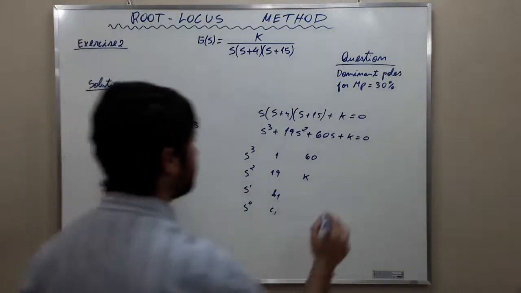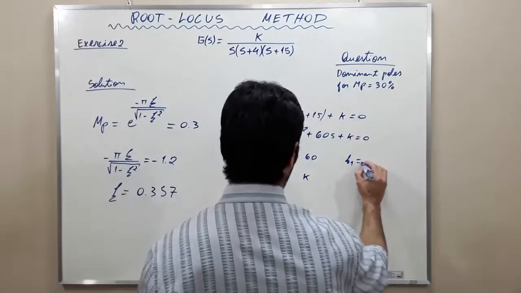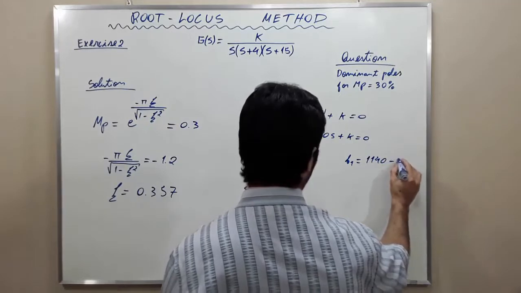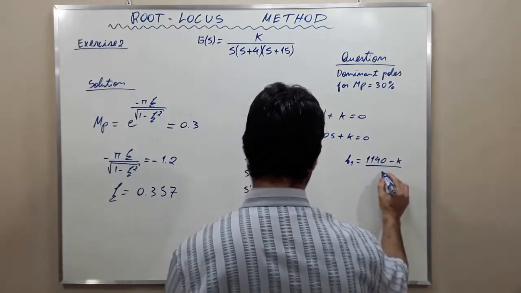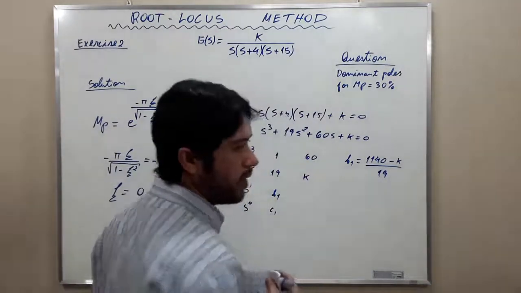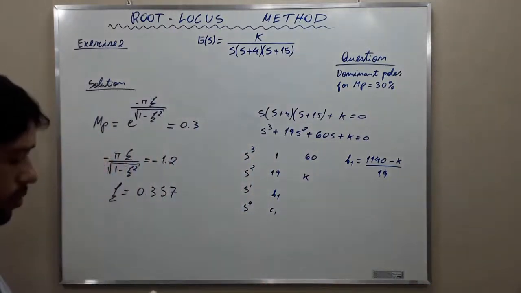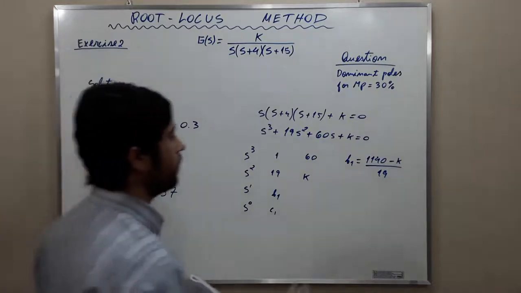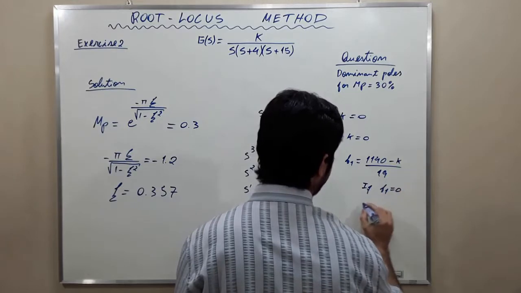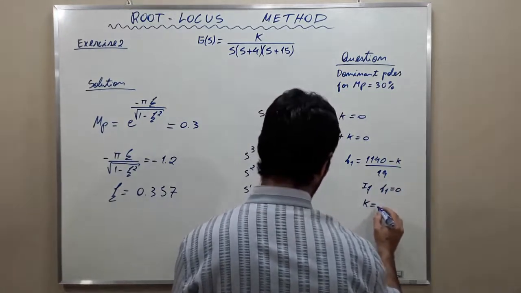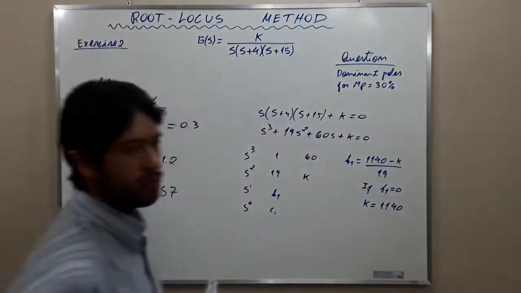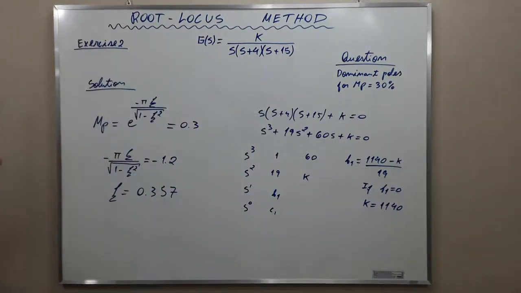B1 is equal to (1140 minus K) divided by 19. And by making B1 equal to 0, we get that K is equal to 1140.